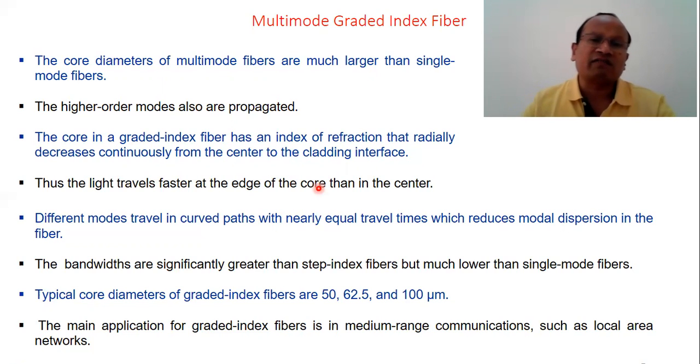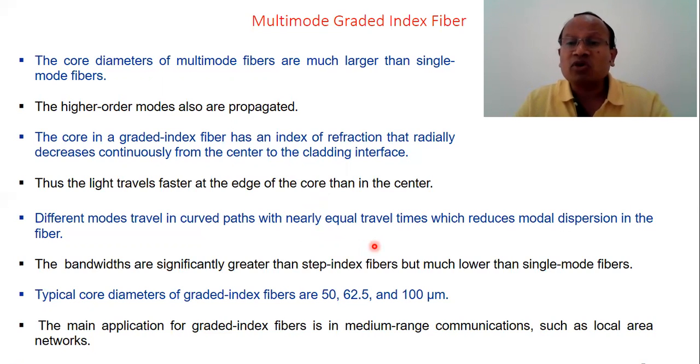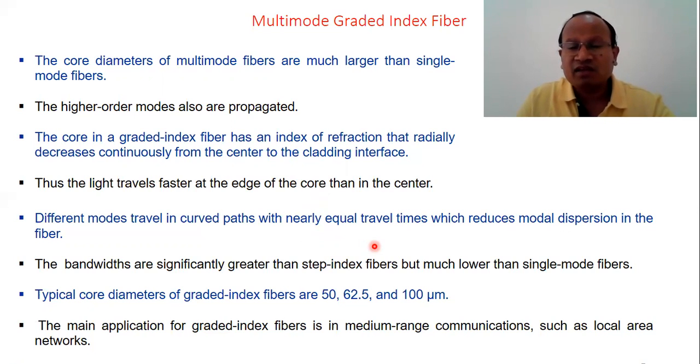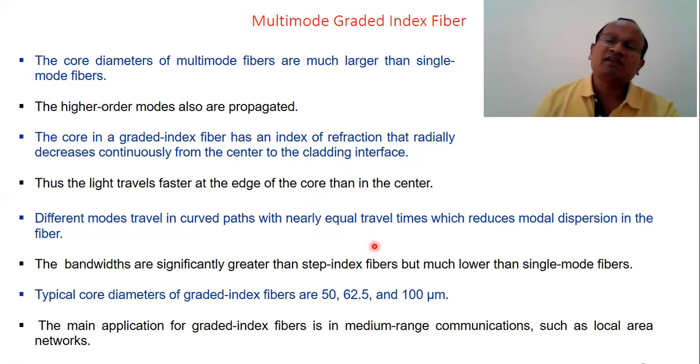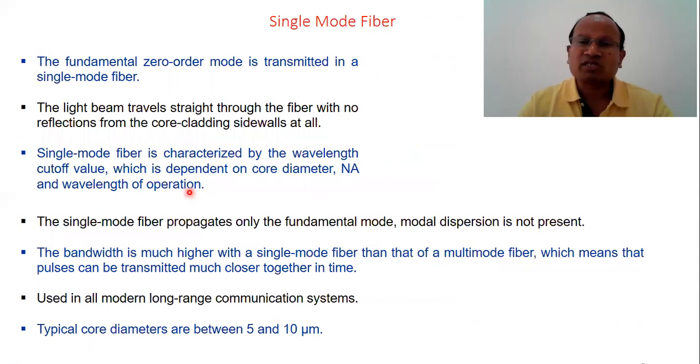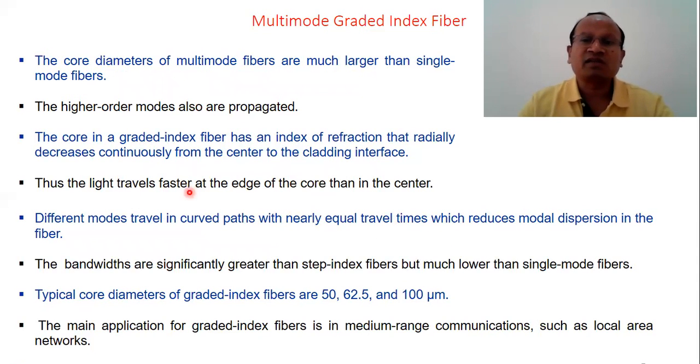The different modes travel in curved paths, as we have seen in the previous diagram, with nearly equal travel times, which reduces modal dispersion in the fiber. Because in graded index multi-mode, all the curved paths travel in mostly the same time, the possibility of modal dispersion is not there.